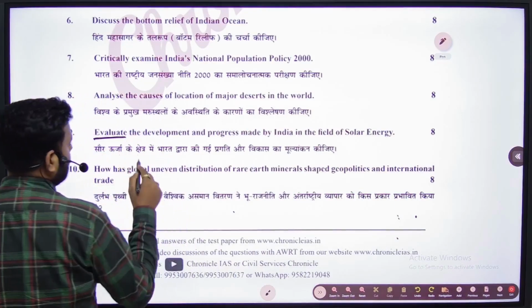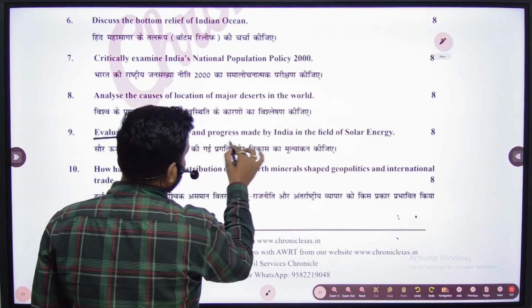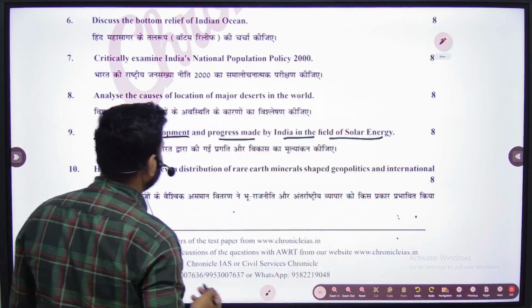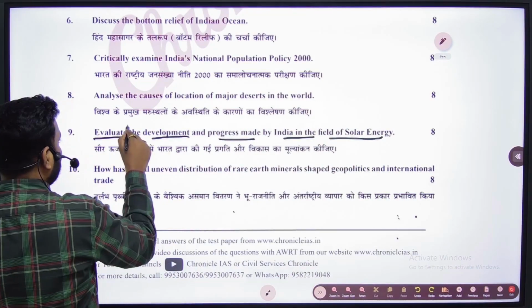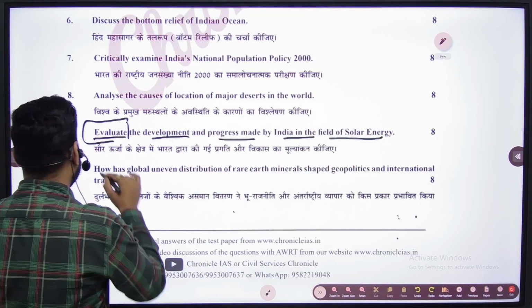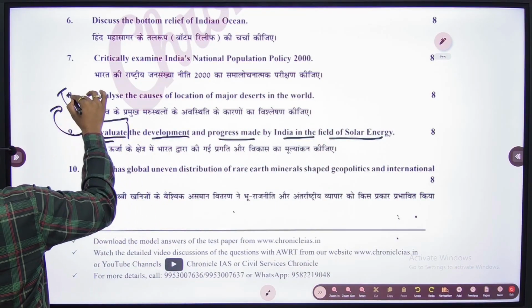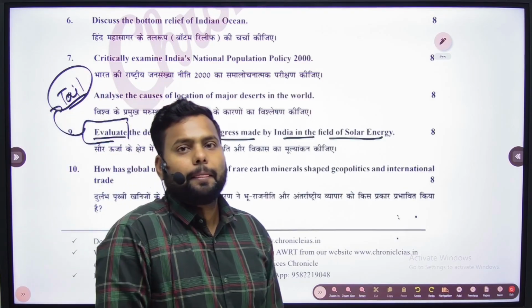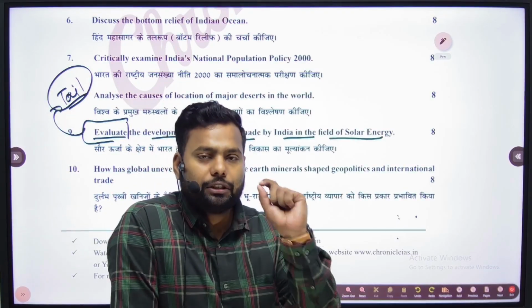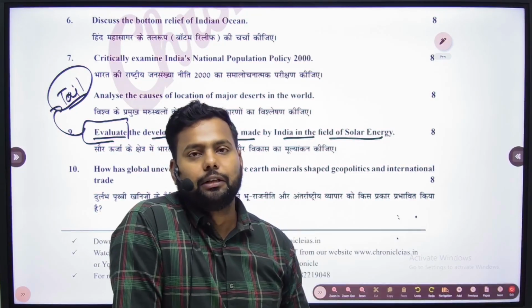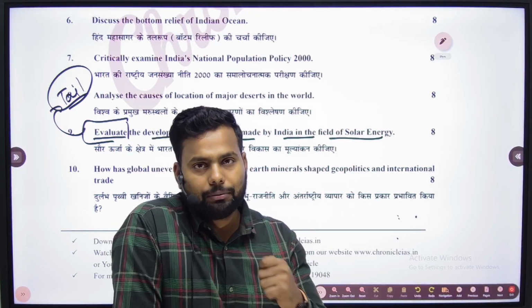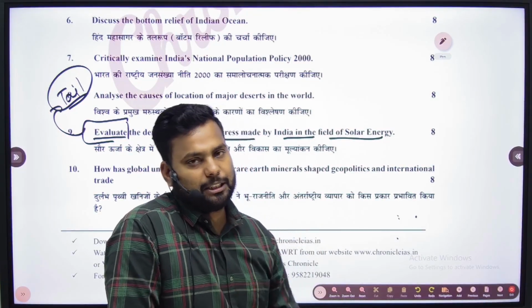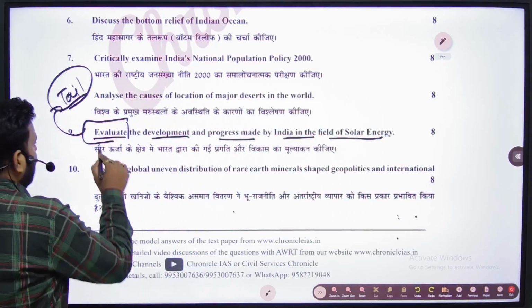Evaluate the development and progress made by India in the field of solar energy. क्या क्या कह रहा है, evaluate करना है. What is the meaning of evaluate? Firstly we find out in every question the tail word, because the tail word gives you the direction and gives you the sense of what kind of expectation there is from the question, from the examiner, from the aspirant's point of view. ठीक, evaluate करना है.